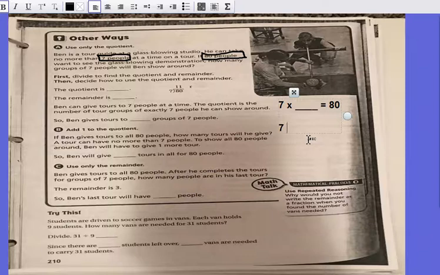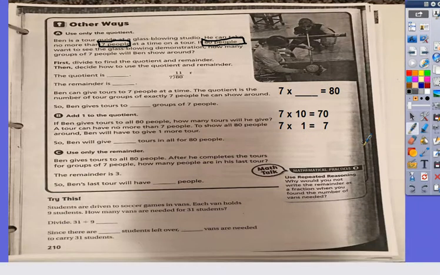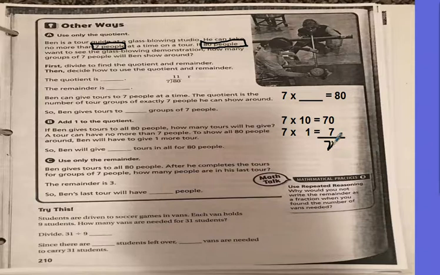So I'm going to go 7 times 10, I know is 70. So I need another 10 more, which, 7 times 2 is 14, so that's too much. So I'm going to go with 7 times 1 equals 7. Okay, so if I add that up, as close as I'm going to get is 77.